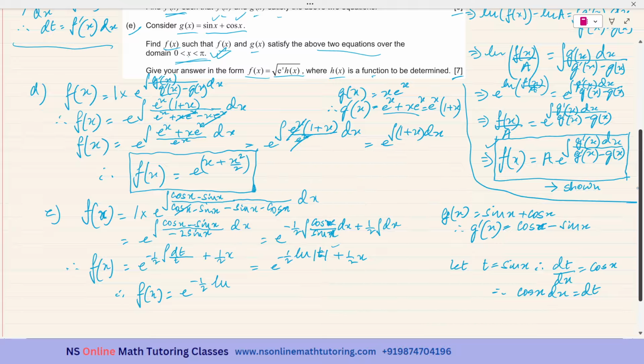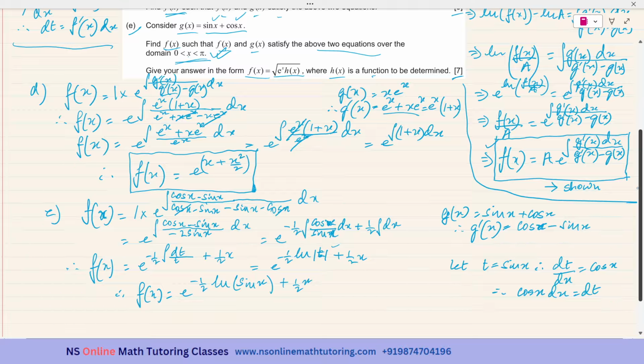So that is why they have specified the domain of x. Sin x will be positive in both the first and the second quadrant, so we can have sin x as the argument of the ln function. Because sin x is positive in the first two quadrants, I do not have to put the absolute value notation. Plus half x.